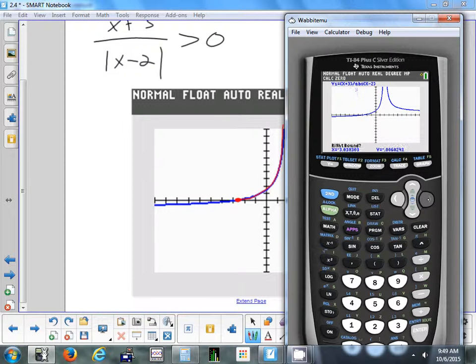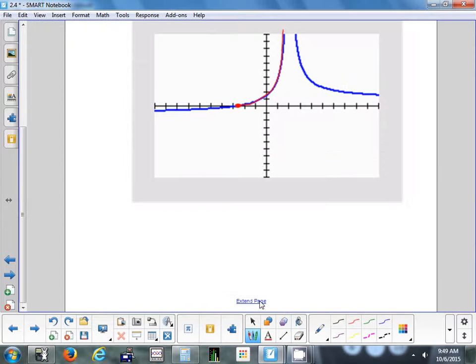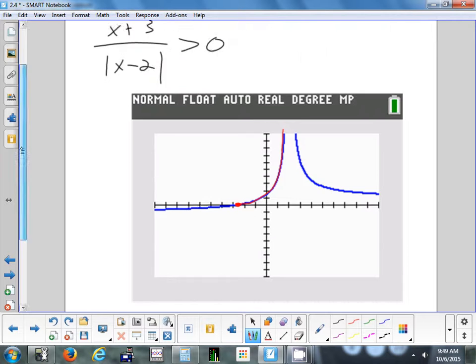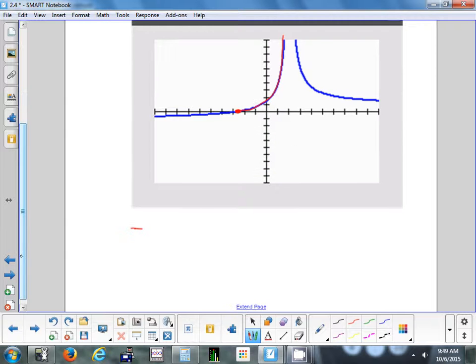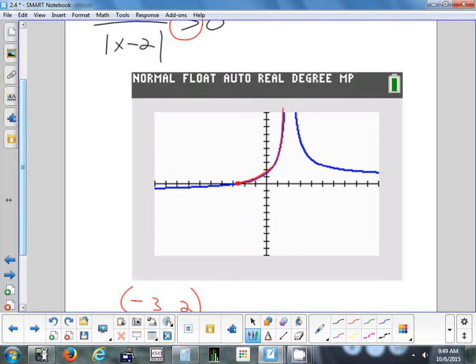Pick a point to the left, go to the right, take a guess. All right, it's -3. Can we include it? No. This symbol says not to include it. So you can pick any number from -3 up to 2, and that'll give you this section right here. And that just keeps going.